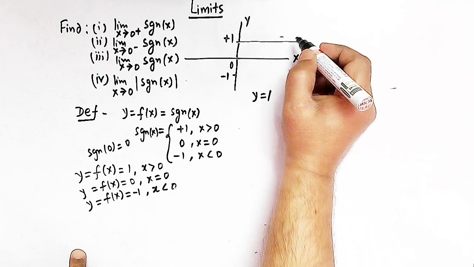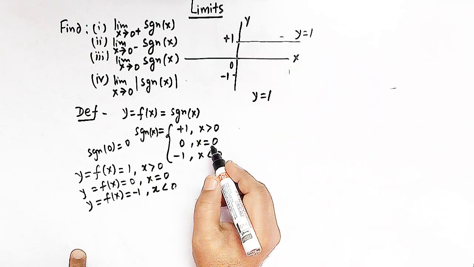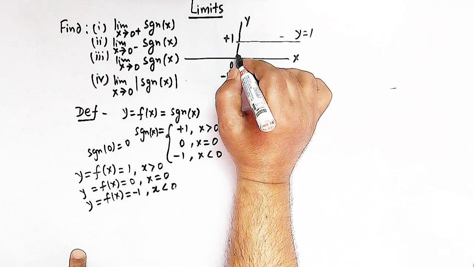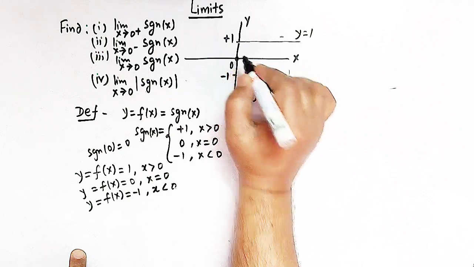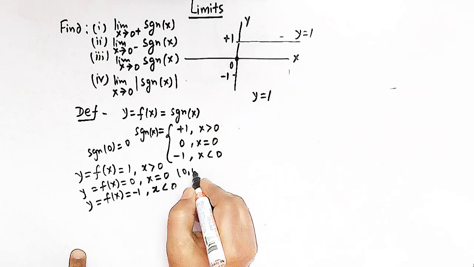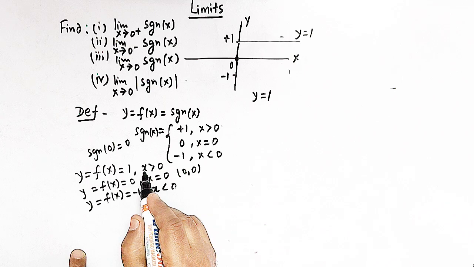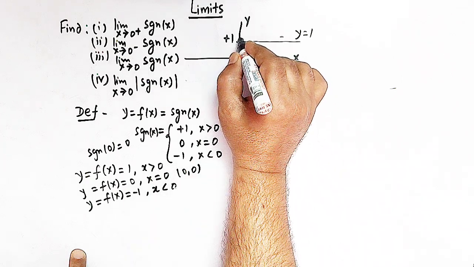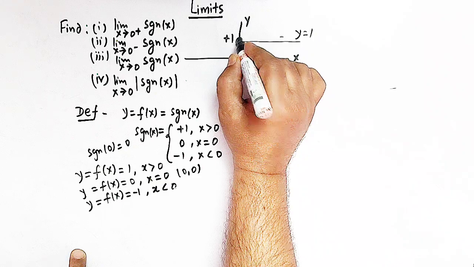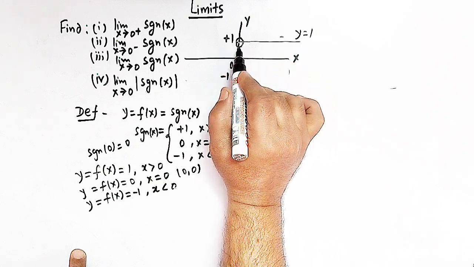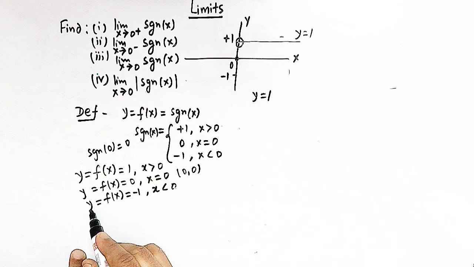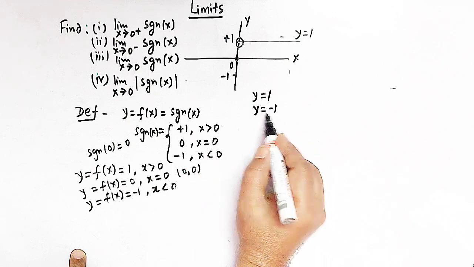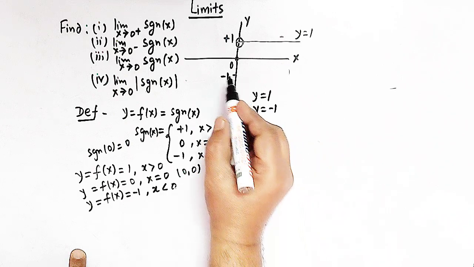This is our line y is equal to 1, and y is equal to 0 for x equal to 0. So here we have the point 0 comma 0, and here x is greater than 0, so we cannot include this point; here we can encircle it. And here we have y is equal to minus 1 for x less than 0.